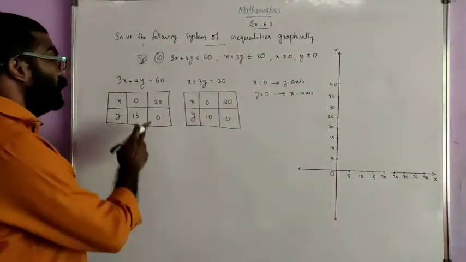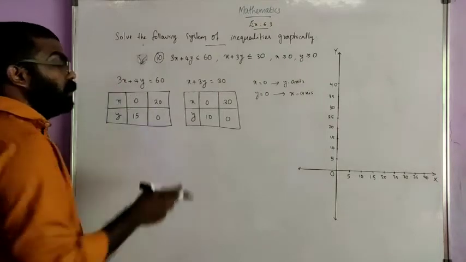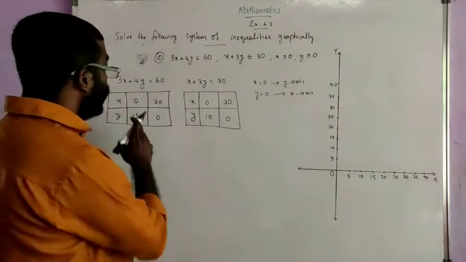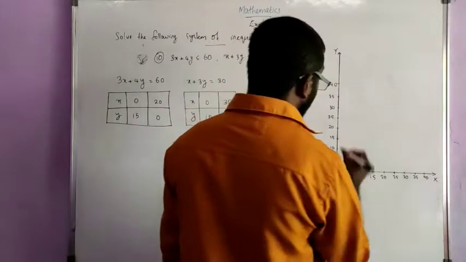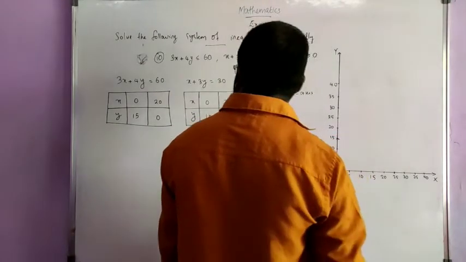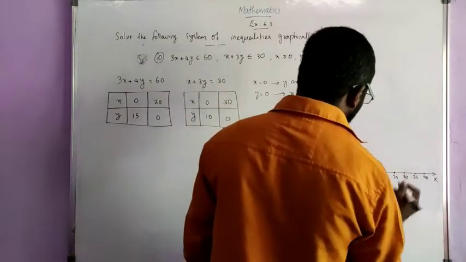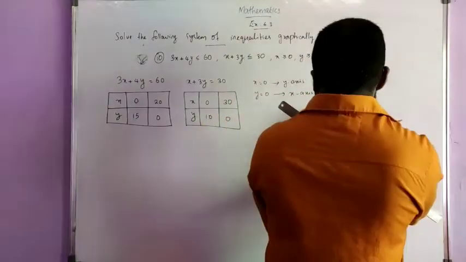And first we can take the first equation, 3x plus 4y equal to 60. 0, 15 here. And 20, 0 here. And we can join.